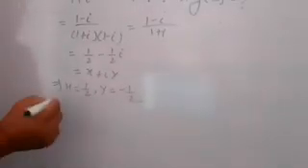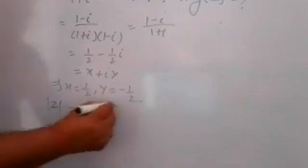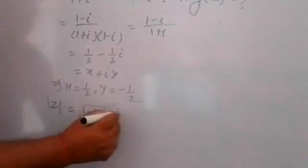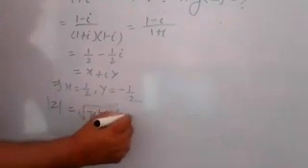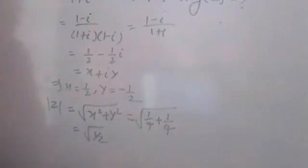So the modulus of z is equal to under root x square plus y square, which is equal to under root 1 by 4 plus 1 by 4, that is equal to 1 by root 2. So 1 by root 2 is the value of its modulus.